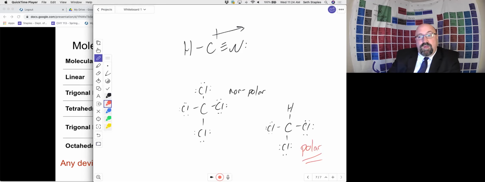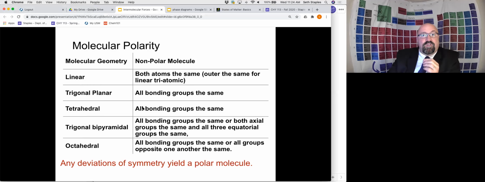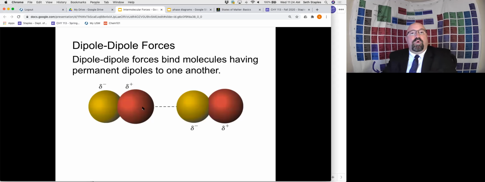And so that leads us to our next type of intermolecular force, called the dipole-dipole force. A dipole-dipole force will exist between molecules that have a permanent dipole. Anything that we looked at in the last unit that has this permanent polarity, the intermolecular forces that exist between those molecules are dipole-dipole forces.